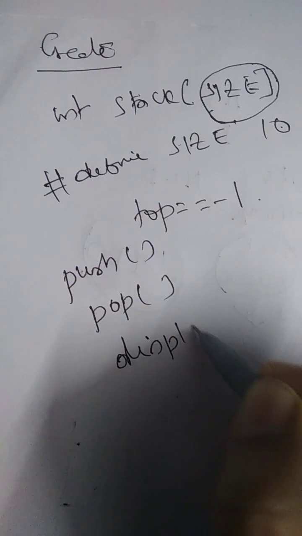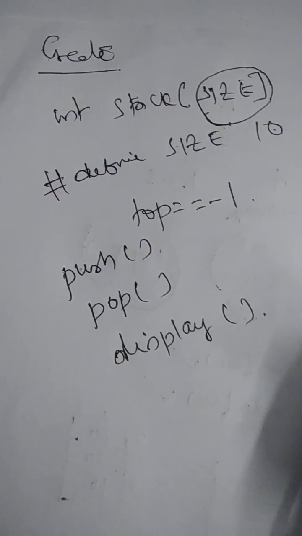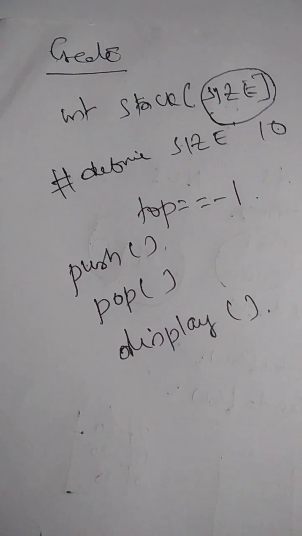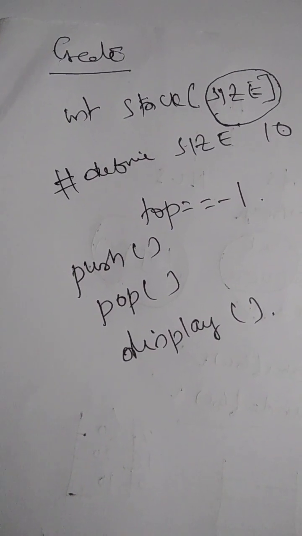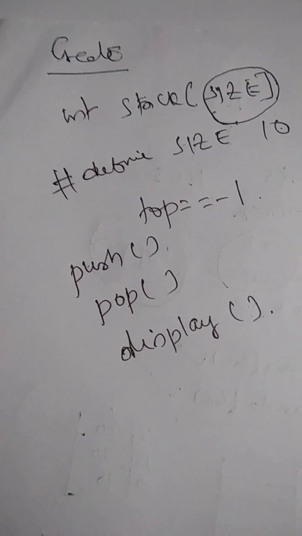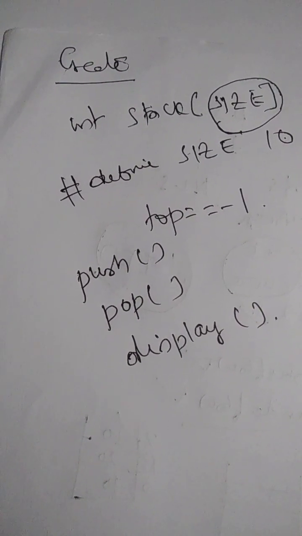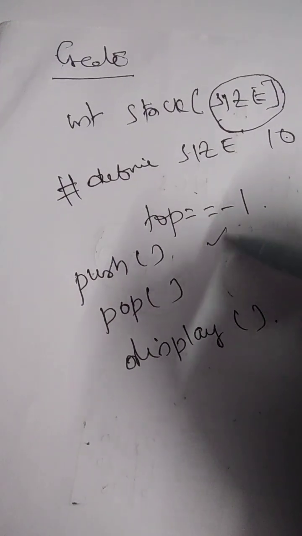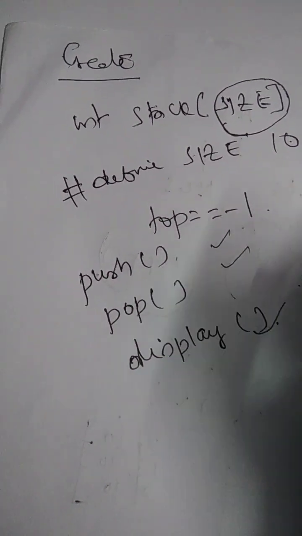These are all the necessary things whenever you insert elements into the stack: define the size as 10, top equal to minus 1, and the functions push, pop and display.